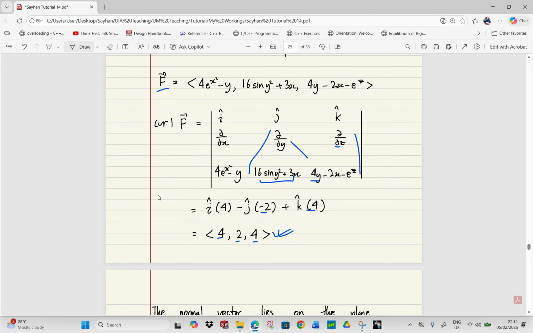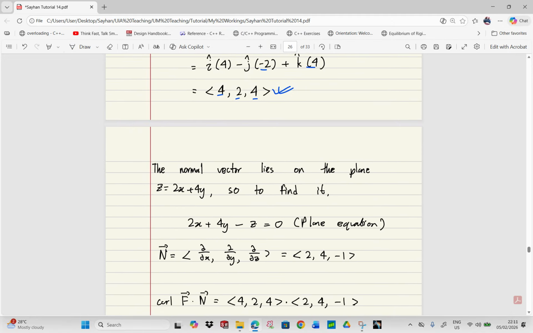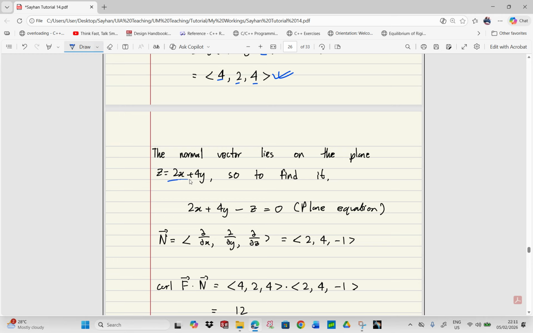No expressions. And then the normal vector lies on the plane z equals 2x plus 4y, which I just mentioned earlier. So of course you reconstruct the plane equation. You bring the z to the other side, and then you find a normal vector. As we discussed earlier, the normal vector is basically the gradient vector of the surface, right?